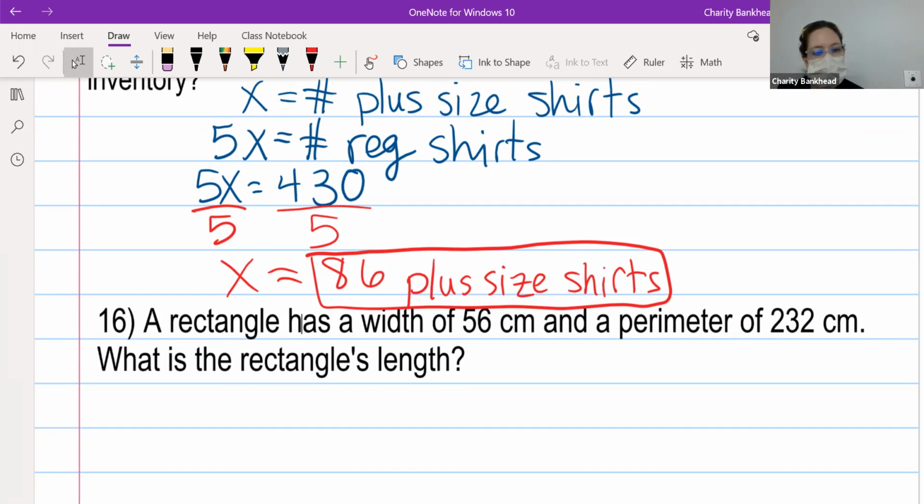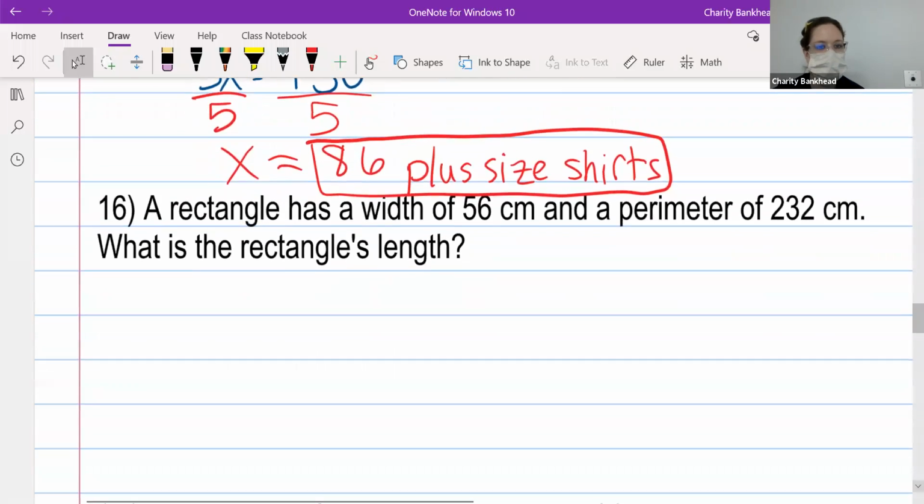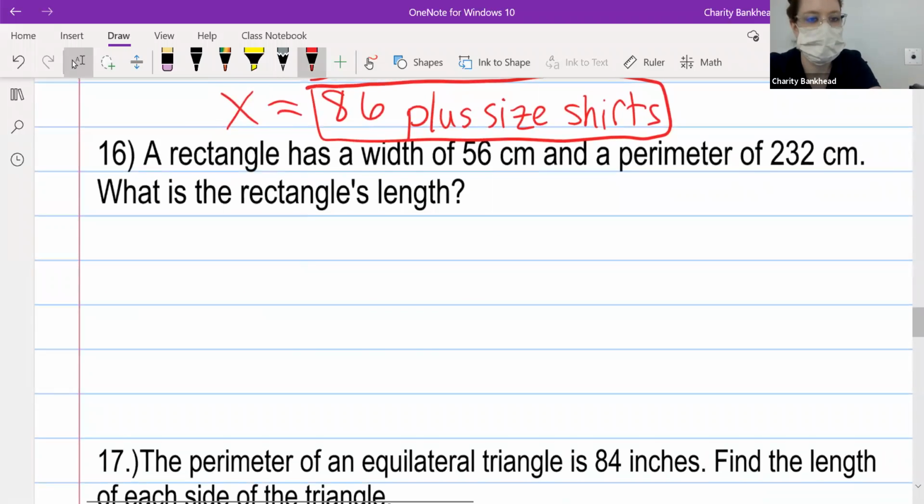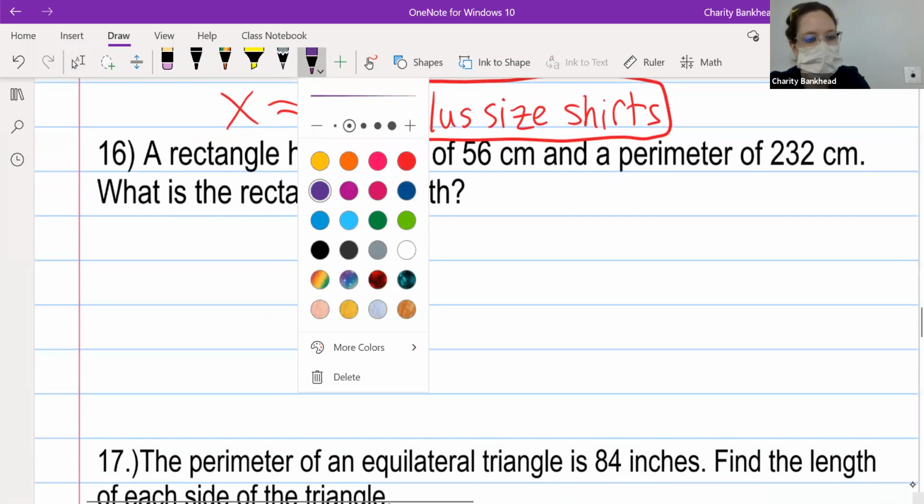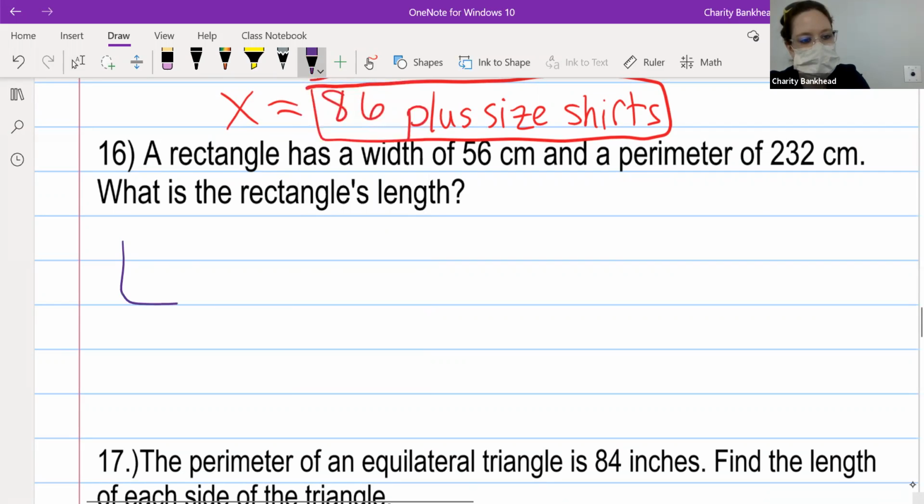Okay. Number 16 says a rectangle has a width of 56 centimeters and a perimeter of 232 centimeters. What is the rectangle's length? So the width is 56 centimeters.